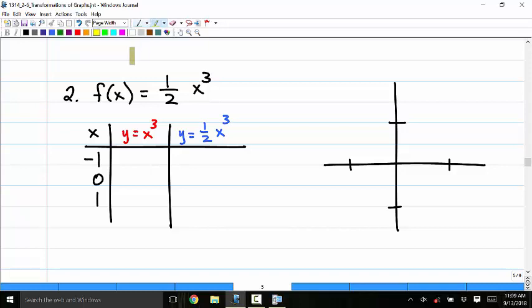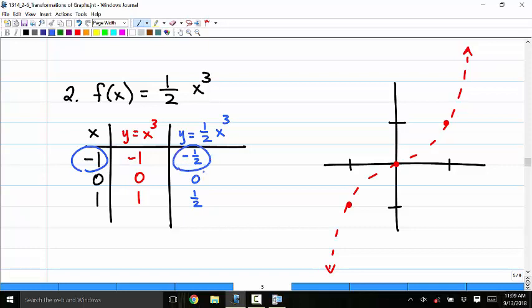Okay, to plot everything, we have -1, -1, 0, 0, and 1, 1. So my x cubed graph looks like that. For 1/2 x cubed, I'm going to multiply all my y values here by 1/2. So I get -1/2, 0, and 1/2. Do you see that the point is -1, comma, -1/2?